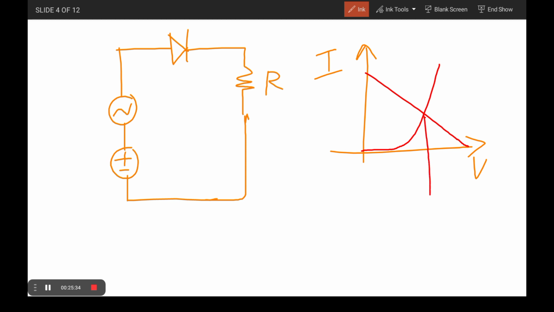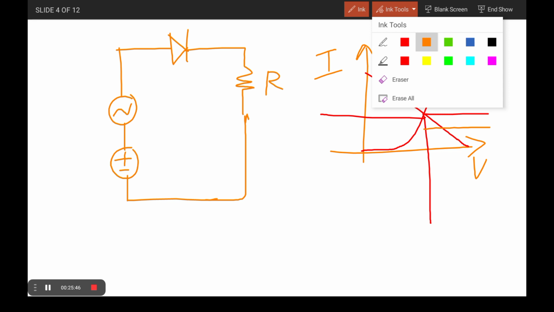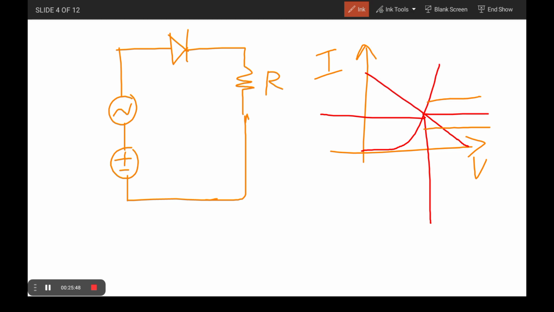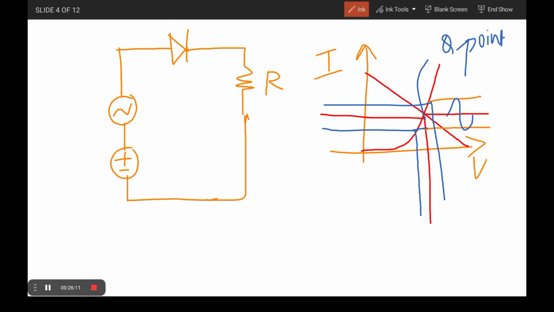This represents the Q point, also called the quiescent point, the operating point of the DC.